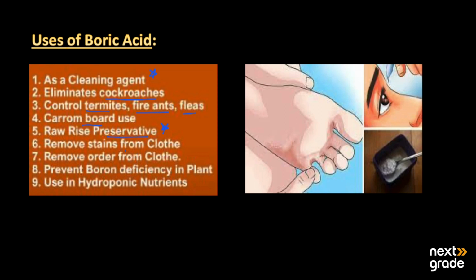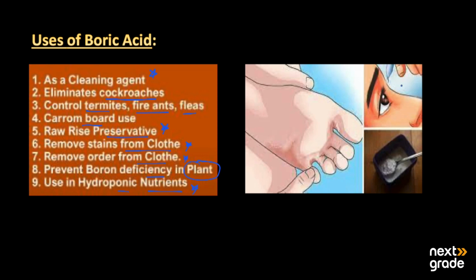It can remove stains from clothes, so this is also a cleaning process. It can also be used to remove odor and smell from clothes. It prevents boron deficiency in plants, so it is helpful for the growth of plants. It is also useful in hydroponic nutrients that are important for plants.